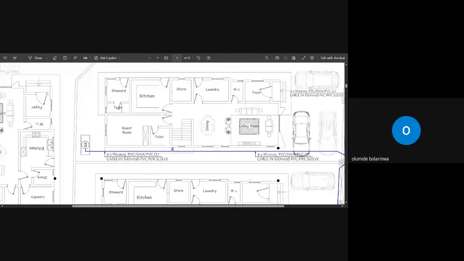Sometimes you see different cables, like the drawing we used yesterday. Look at this drawing we used yesterday.